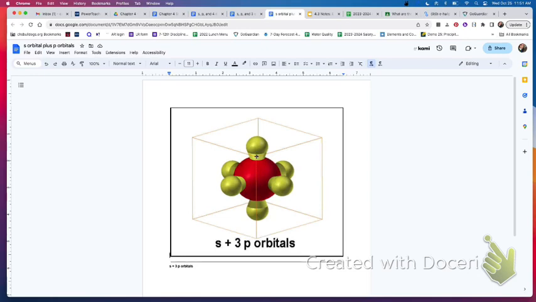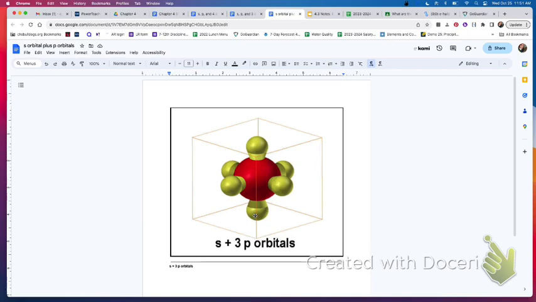But you can also see there are the 3 P ones as well. Here, there's 1, there's 2 in this direction, and then there's 3 that's up and down. See how they're together because they're in the same energy level? It's not like these are separate things. They're areas where electrons are likely to be located.